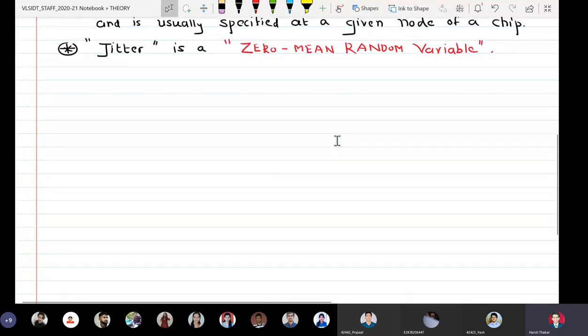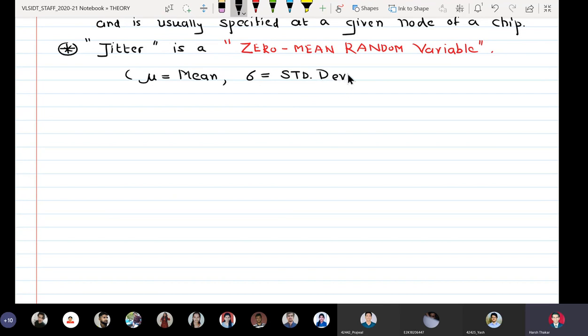We know that in statistics, mu is mean, rho is standard deviation, and rho square is variance.